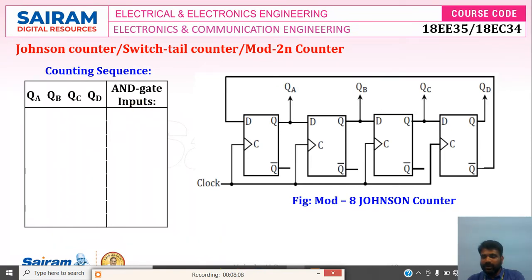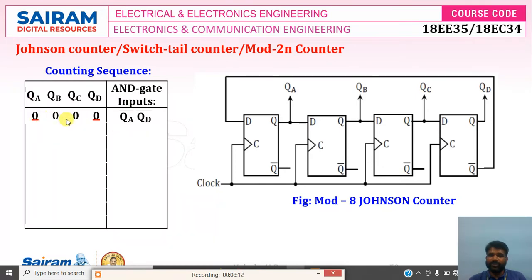So let's start with 0. All 4 zeros, initially. To identify this all-zero state, we use the first 0 and the last 0. So QA, since it is 0, QA bar, and QD, since it is 0, QD bar.